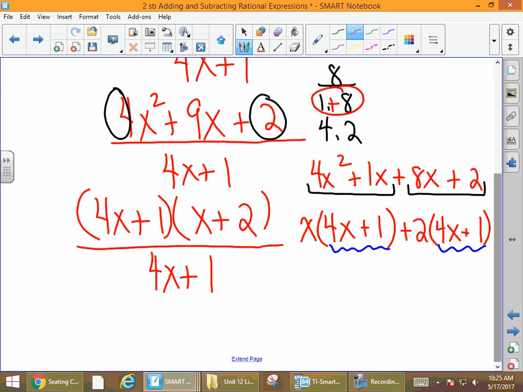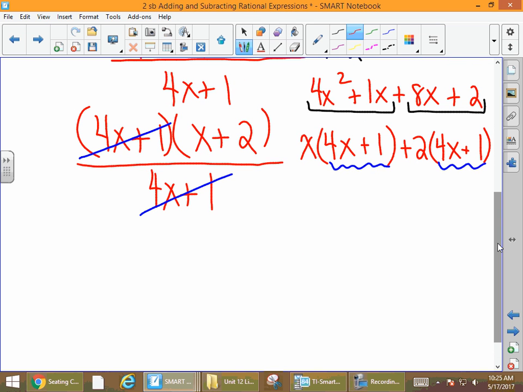Do we have anything exactly the same in the top and in the bottom? We've got a 4x plus 1. 4x plus 1 divided by 4x plus 1 is 1. And we've got our final simplified fraction when we added them together of x plus 2.